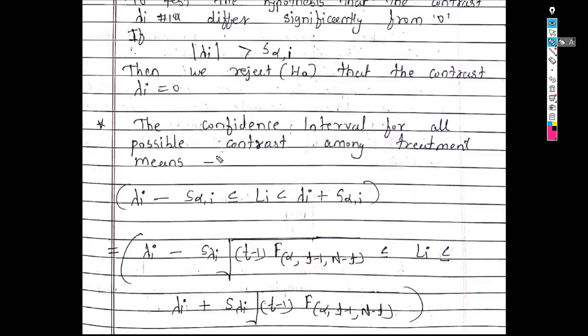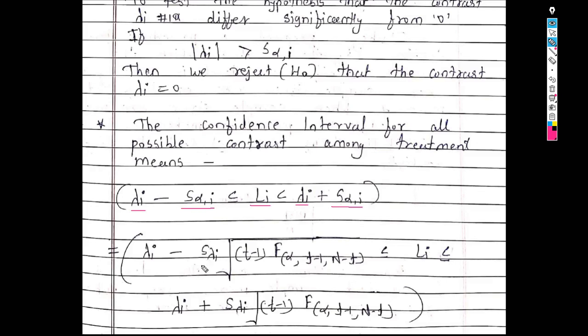The confidence interval is λi minus S_α,i, the critical value, is less than or equal to Li, where Li is the linear contrast in terms of parameters, which is less than or equal to λi plus S_α,i.